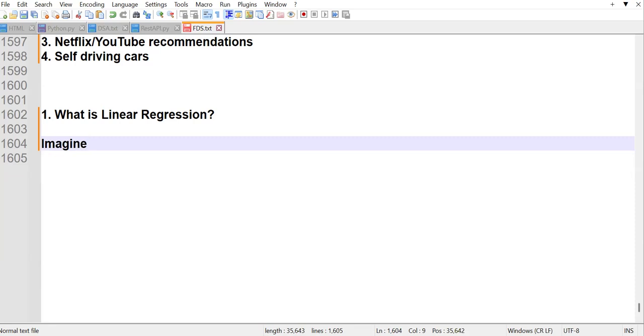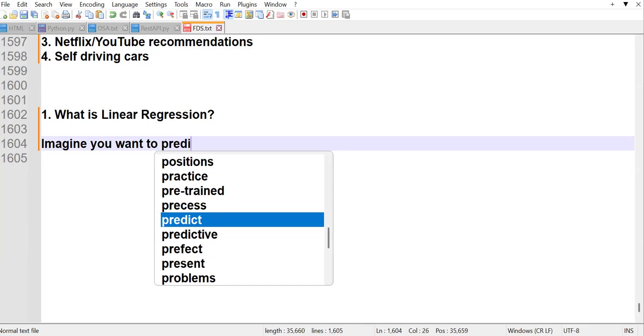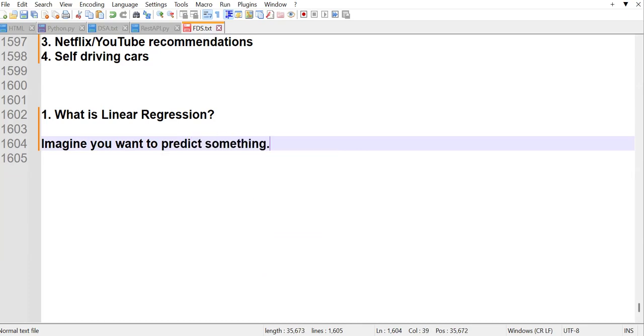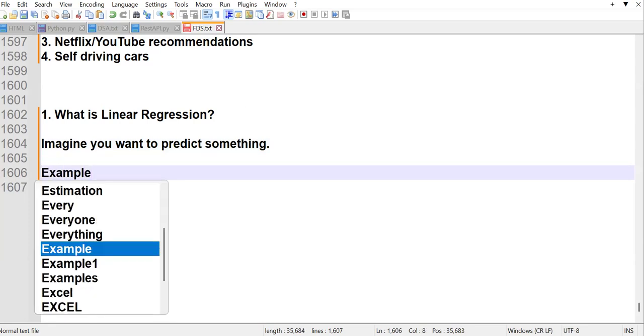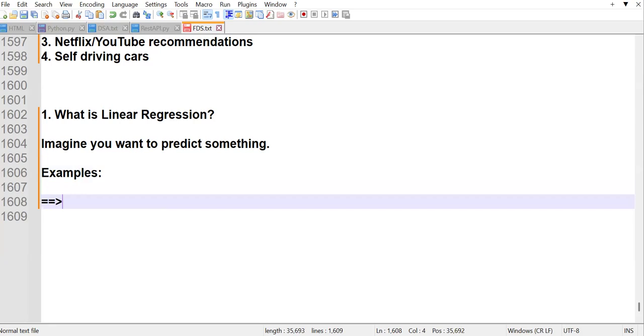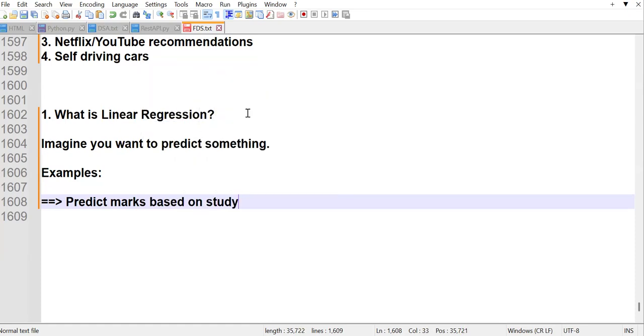Imagine you want to predict something. For example, you want to predict marks based on study hours. We can predict the marks of a student based on study hours, like how many hours a student is studying.